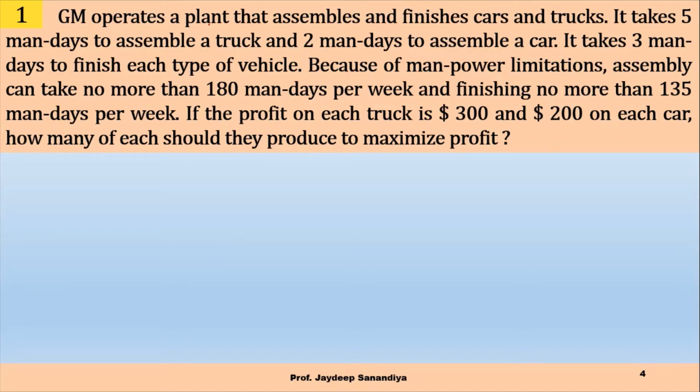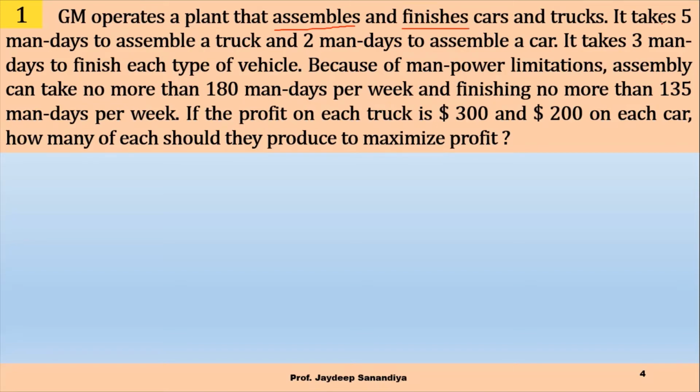GM operates a plant that assembles and finishes cars and trucks. It takes 5 man-days to assemble a truck and 2 man-days to assemble a car. Basically, the general manager of a plant does two activities: one is assembling and the other is finishing, of cars and trucks.